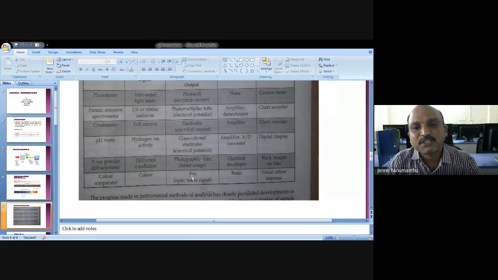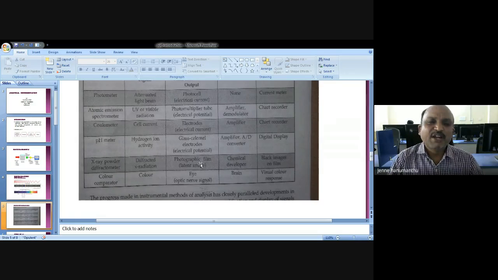How can you develop this image? We need some chemical developers, isn't it? After development, we can get the image. Based upon that image, we can identify the unknown present.